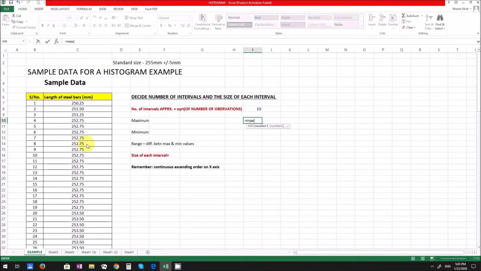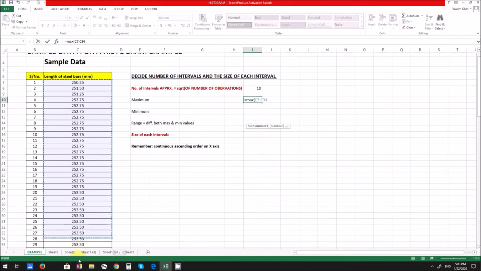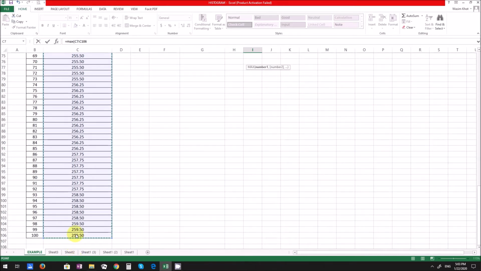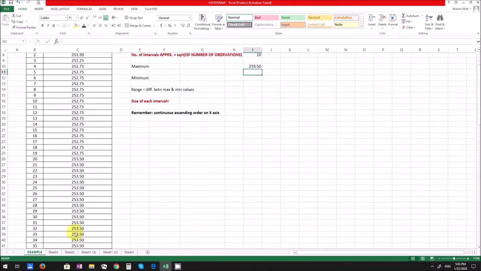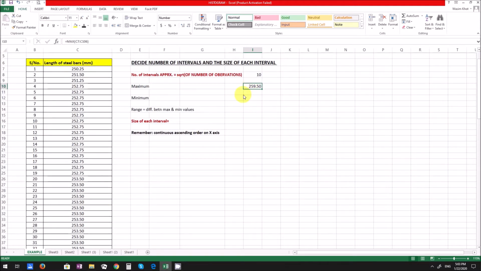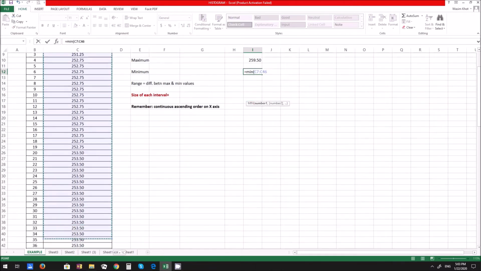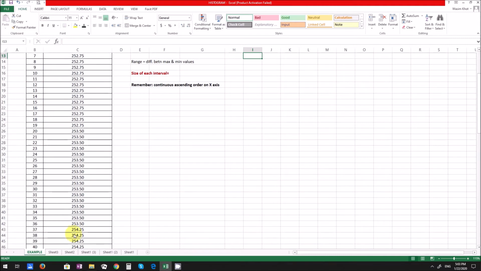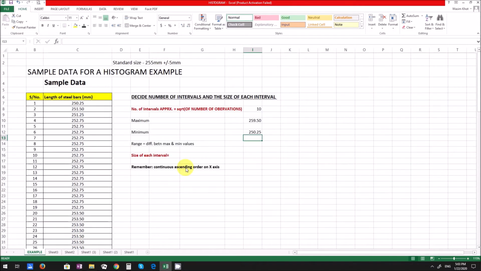You can use the maximum formula of Excel, and let's find out the maximum value, and similarly let's find the minimum value for this sample data. So we can see the values range from 250.25 mm to 259.50 mm.